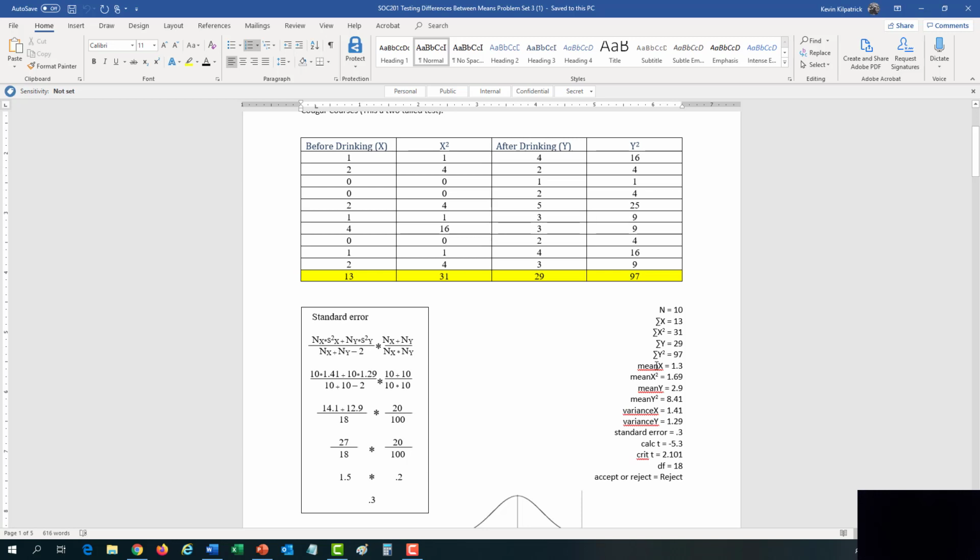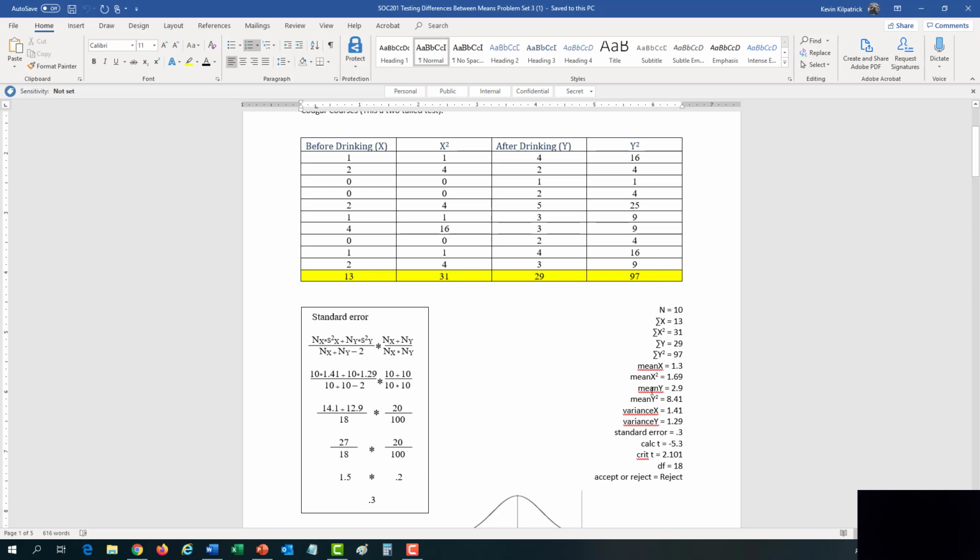The mean of x is the sum of the original x column, which is 13, divided by the n, which is 10. That equals 1.3. Then, just to make things easy for myself, I'm squaring 1.3 and putting the value for the mean of x squared, which is 1.69.